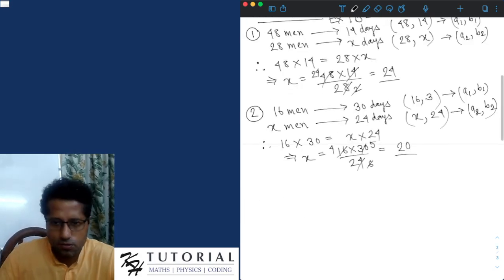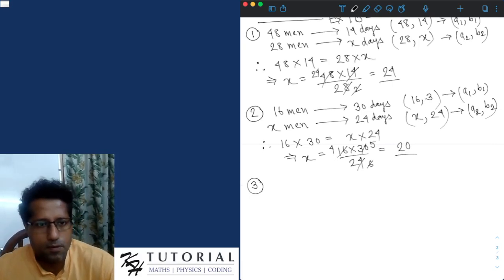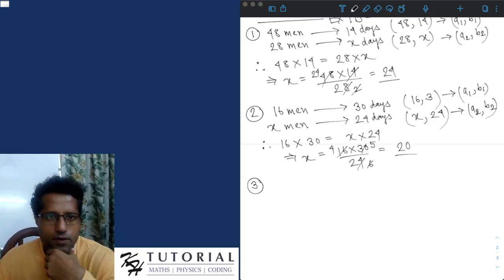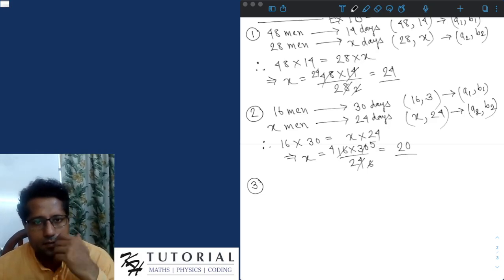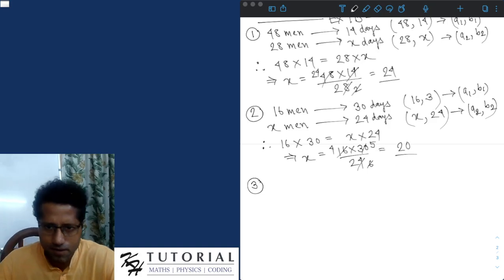Okay, let's do problem number 3. Problem number 3 says that 45 cows can graze a field in 13 days. How many cows will graze the same field in 9 days? So it's a similar kind of problem, just that instead of men we have cows.